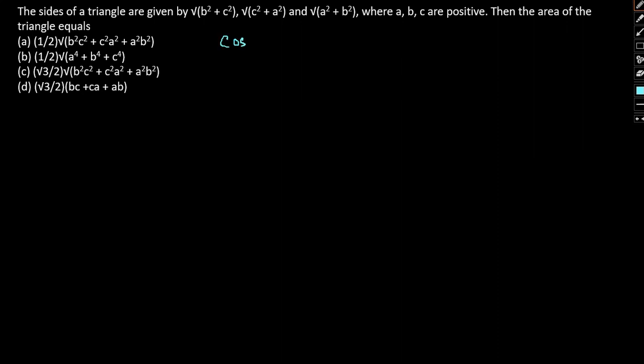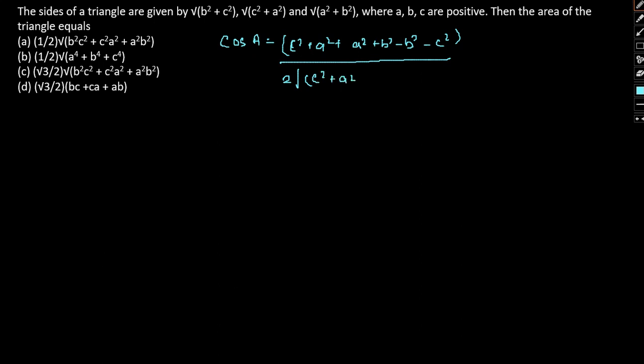Say cos A can be given as (c square plus a square plus a square plus b square minus c square) by 2 times root under c square plus a square, root under a square plus b square.